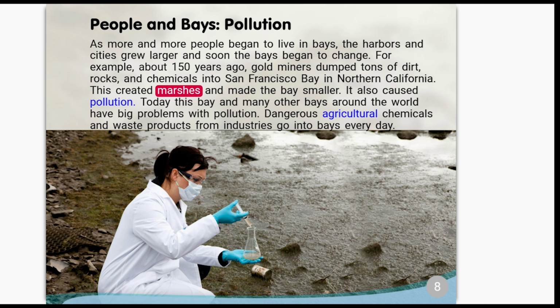This created marshes and made the bay smaller. It also caused pollution. Today, this bay and many other bays around the world have big problems with pollution. Dangerous agricultural chemicals and waste products from industries go into bays every day.